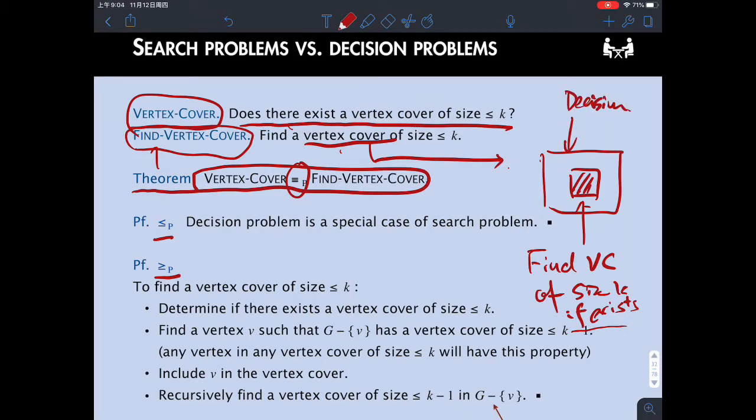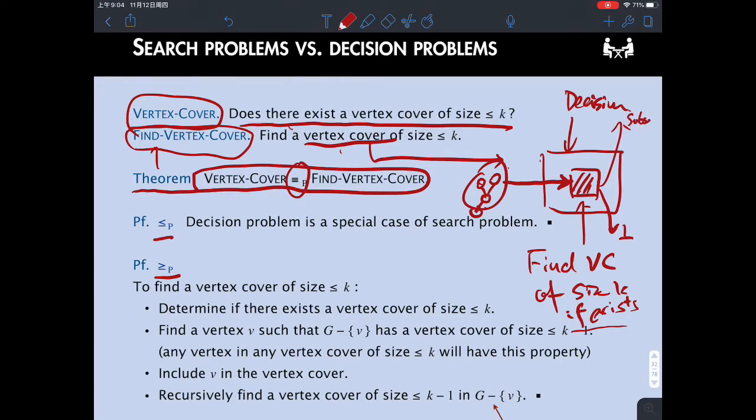This is conceptually very simple. I'm given a graph, and this graph will be directly fed into the black box for solving the find vertex cover problem. You will have two behaviors: it will either output nothing or output a concrete subset.